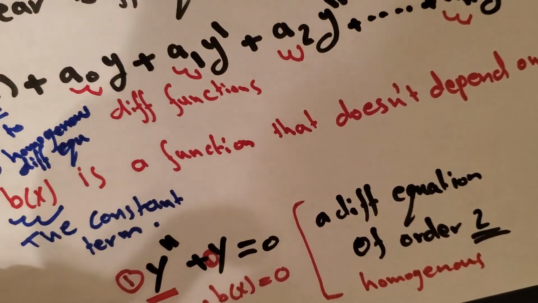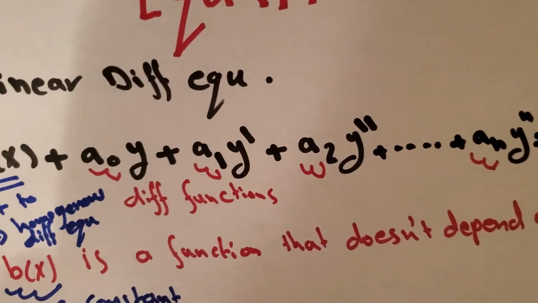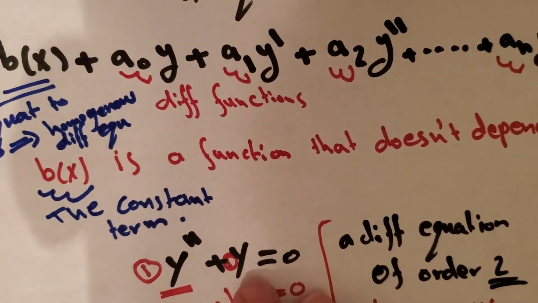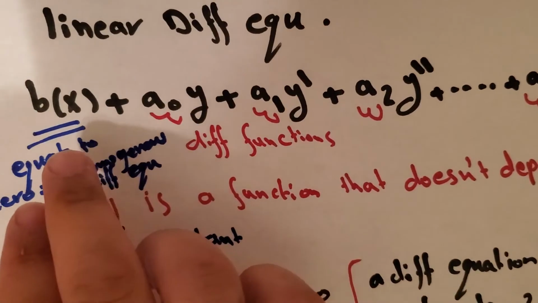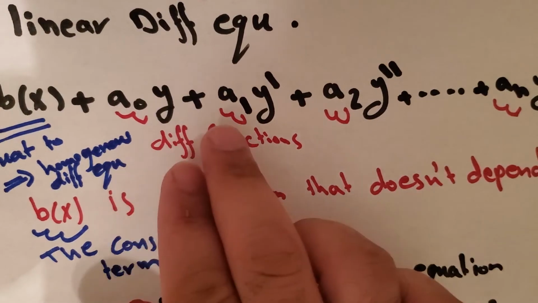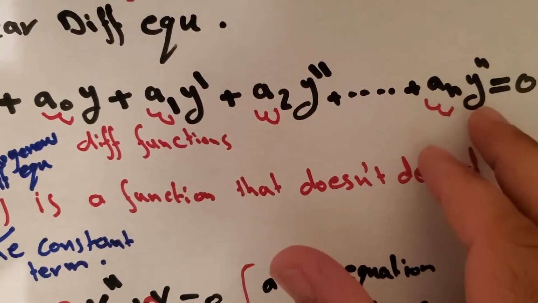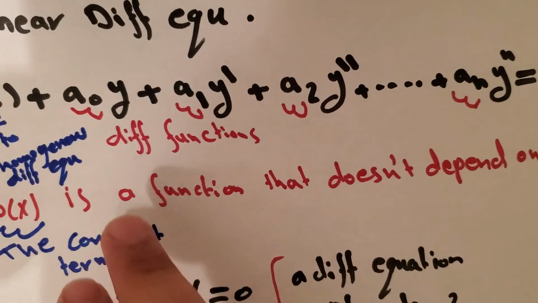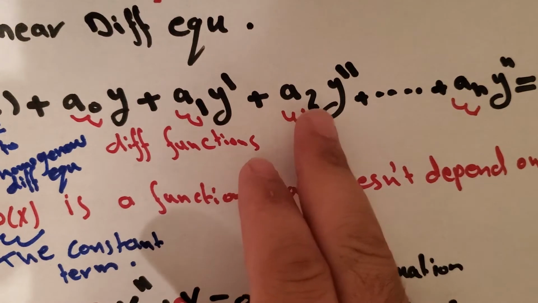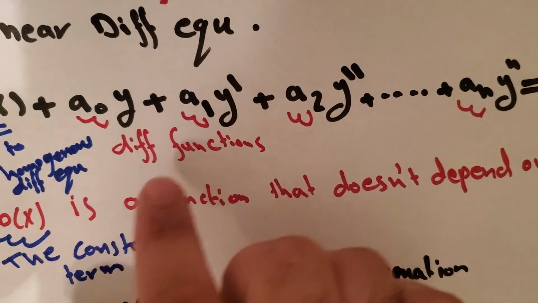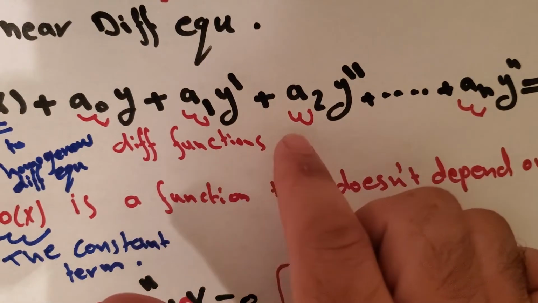Now, just to re-emphasize what I said before, a linear differential equation has this general form: b(x) plus a0 y until we have an for the nth derivative of y equals 0. The a0, a1, a2 until an are differentiable functions, and it's not necessary for these functions to be linear.